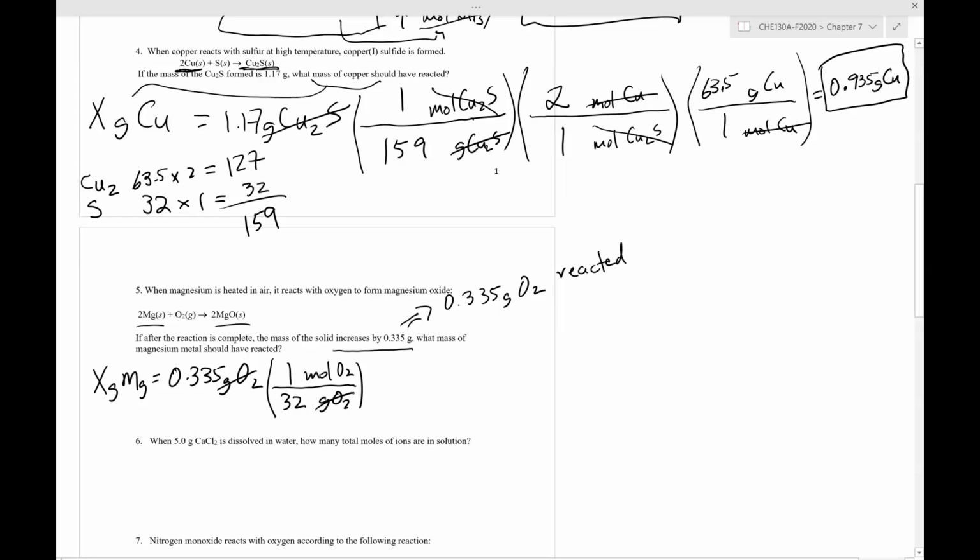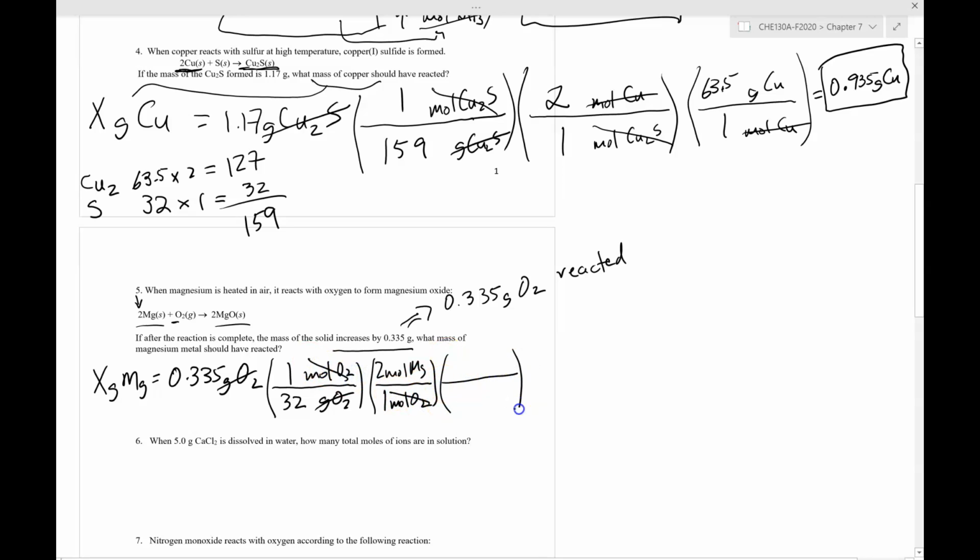Then if we look at our reaction equation, what we see is that for every 1 mole of oxygen that reacts, and I'm looking at that invisible 1 in front of the O2, 2 moles of magnesium will react. That's where that 2 came from. So that lets me cancel out moles of oxygen.